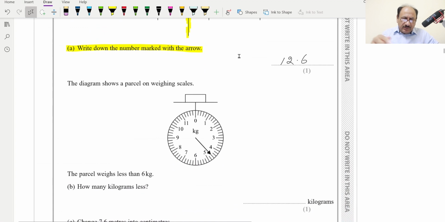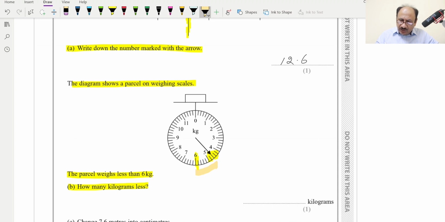Then next part, the diagram shows a parcel on a weighing scale. This is a little differently asked question. The parcel weighs less than 6. So they are asking how many kilograms less than 6, the difference up to the arrow.